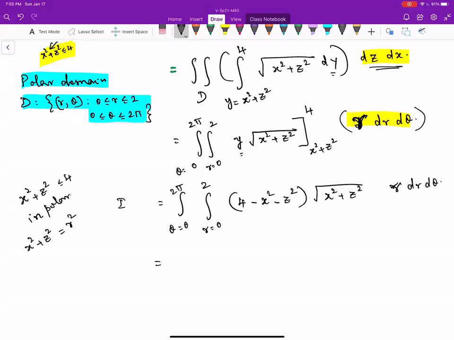So we get 0 to 2 pi and 0 to 2, 4 minus r square, and the square root of r square, which will be r. Then in addition, we have this r dr d theta.